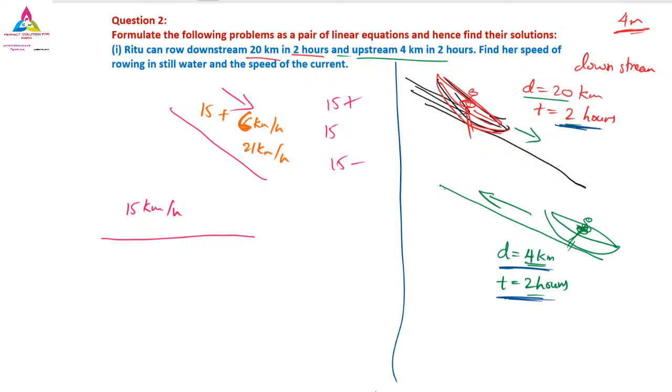Similarly, if you are climbing the same slope, means you are going upward, whether your speed will be 15 kilometers only, or 21 kilometers per hour, or it will decrease when you are going upward.